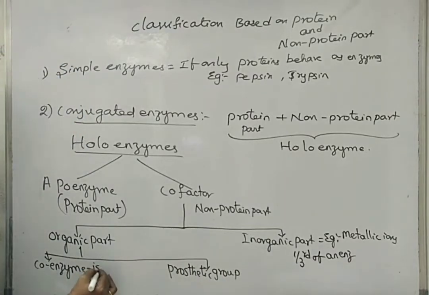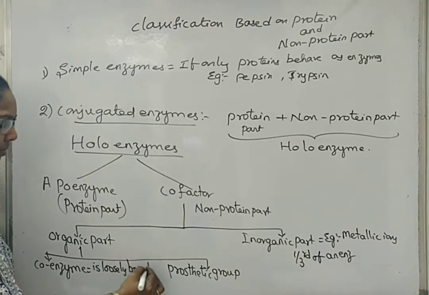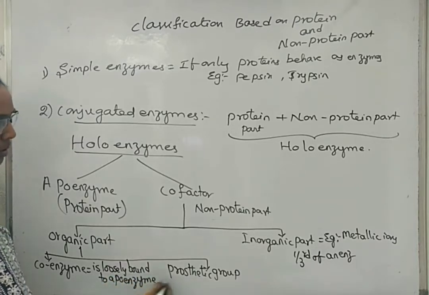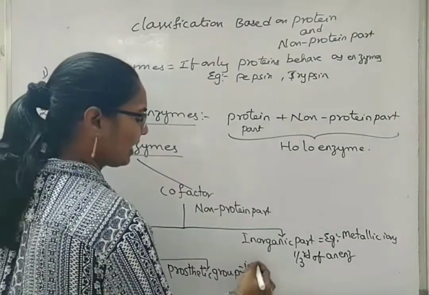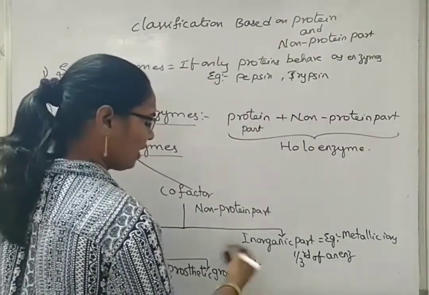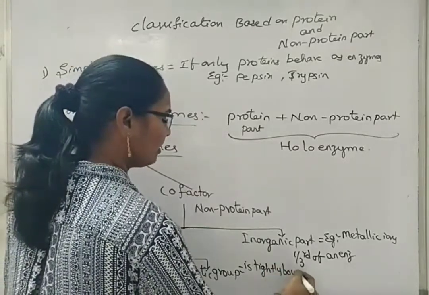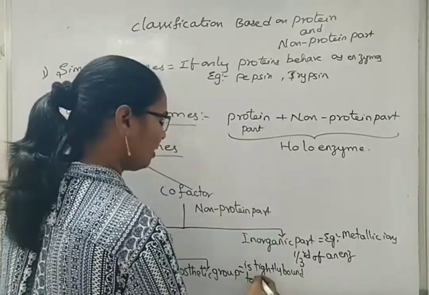Coenzyme is loosely bound to the apoenzyme. Prosthetic group is tightly bound to the apoenzyme.